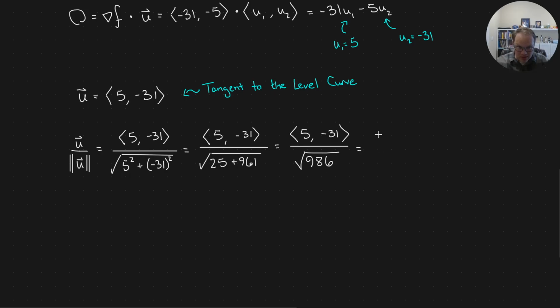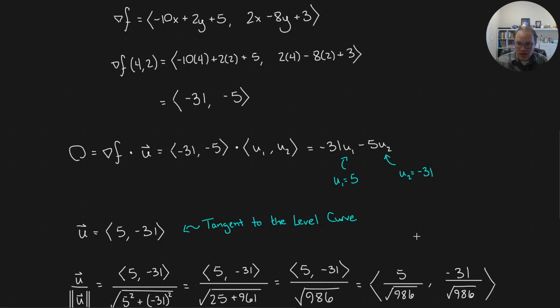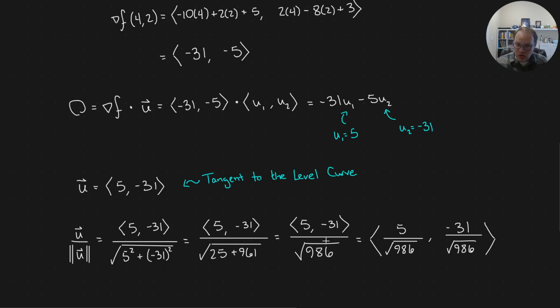So my final answer, unless you want to throw it into a calculator, is (5 over the square root of 986, negative 31 divided by the square root of 986). It's a unit vector. It's got a positive x component, and because it is orthogonal to the gradient, it will be tangent to the level curve at the point (4, 2).